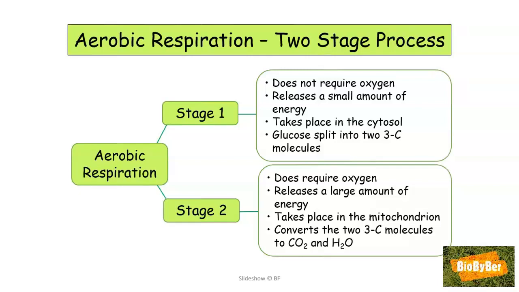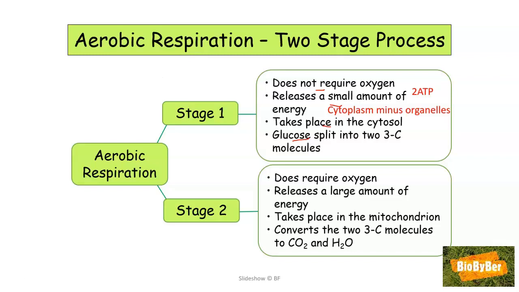Stage 1 of the process does not require oxygen, releases a small amount of energy, takes place in the cytosol of the cell, which, as we already know, is the cytoplasm minus the organelles, and glucose, which is a 6-carbon chemical, is split into 2 3-carbon molecules.